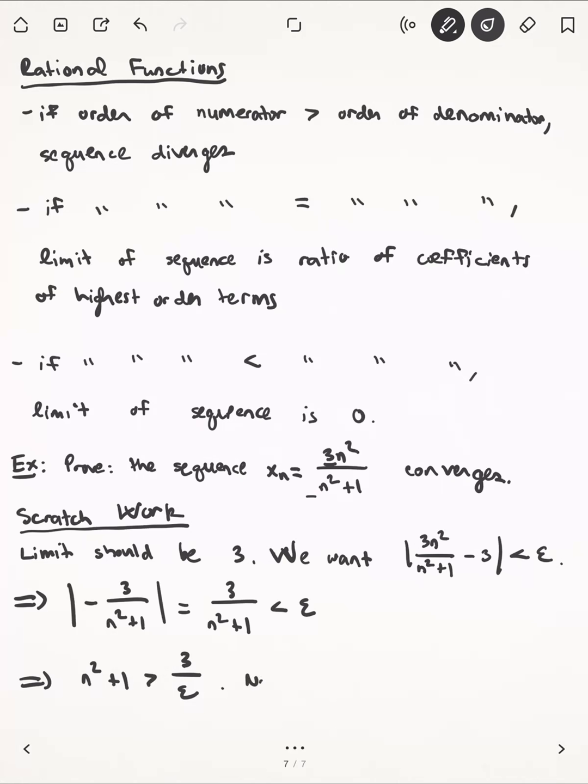But note, since n squared plus 1 is strictly bigger than n, if n is bigger than 3 over epsilon, n squared plus 1 is bigger than 3 over epsilon automatically. Okay? And so now we have our scratch work done. We know that our capital N should be 3 over epsilon, and then we proceed from there.